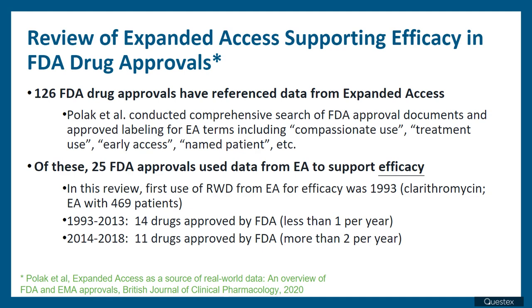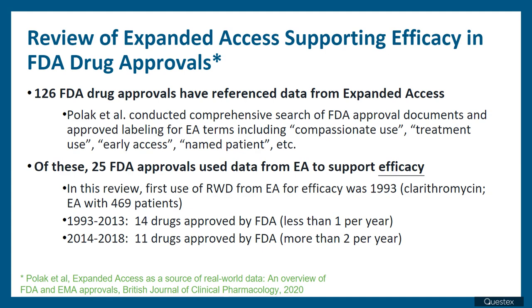In this review, the authors conducted a comprehensive search of FDA approval documents for various terms associated with expanded access. And looking backwards as far as they could, several decades, they found that 126 approvals by FDA for drug products have referenced data from expanded access.